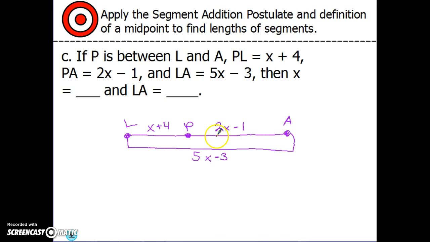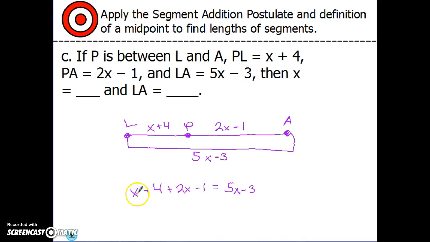So we can set that up in an equation because notice what we just said: this plus this was going to equal this. That's an equation. Down here I can write x plus 4 plus 2x minus 1 would equal the whole thing, which is 5x minus 3. And hey, that's something we can solve.